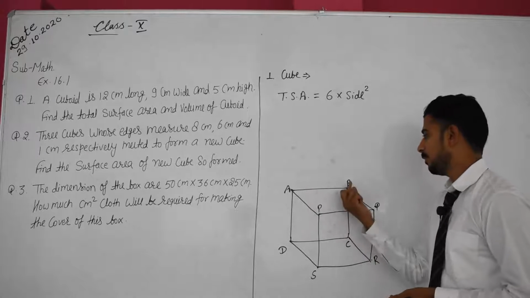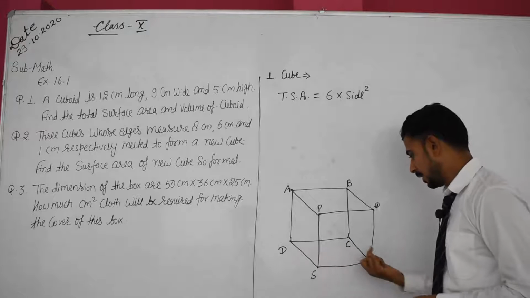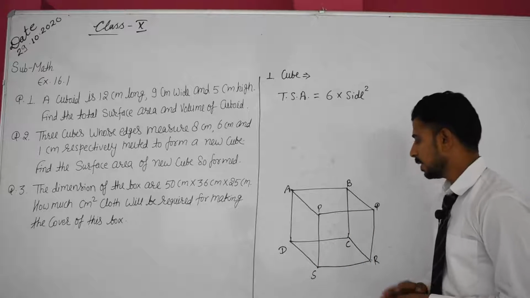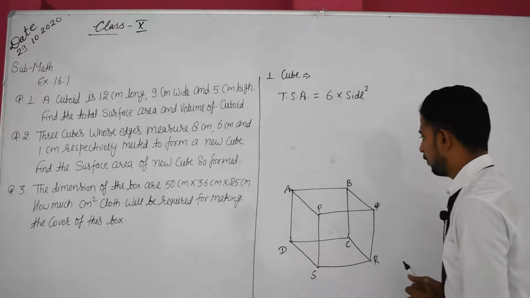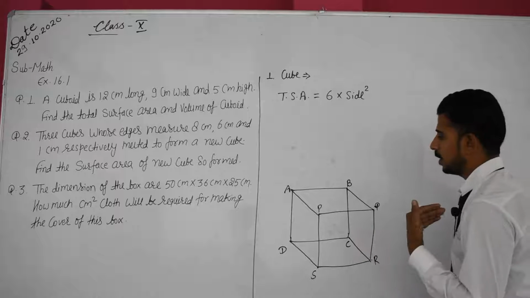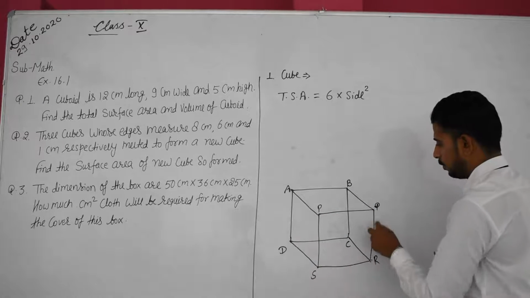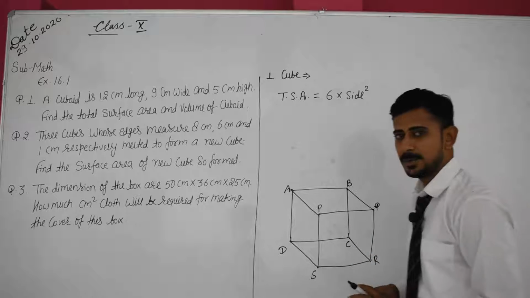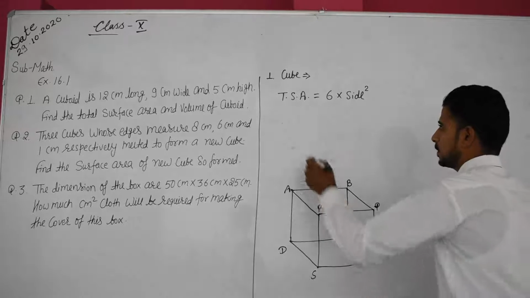First is A, B, Q, P. Another is D, C, R, S. Second completed. Third is A, P, S, D. Fourth is B, Q, R, C. Fifth, the back part A, B, C, D and P, Q, R, S. Total 6 faces. Then total surface area is equal to 6 into side square.